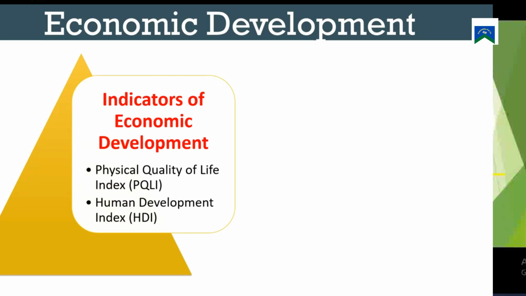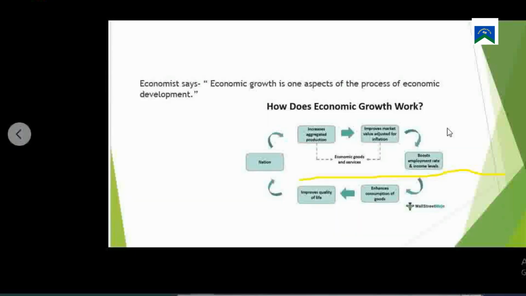How does economic growth work? We have given a chart, let me describe it. Looking at this chart, we have the nation, the place where we are living, and if there is economic growth, it means the aggregate production of goods and services is increased.